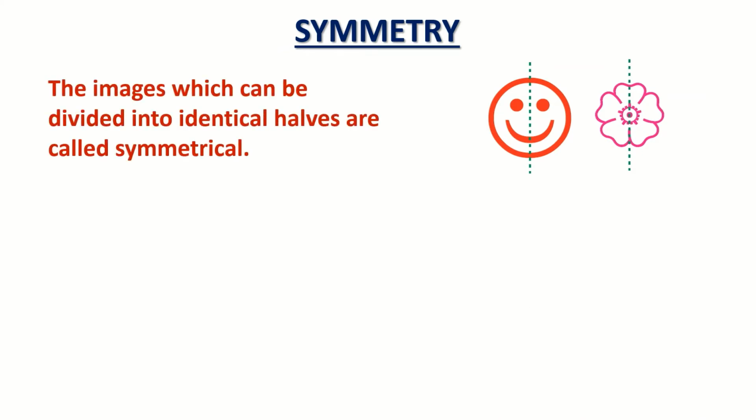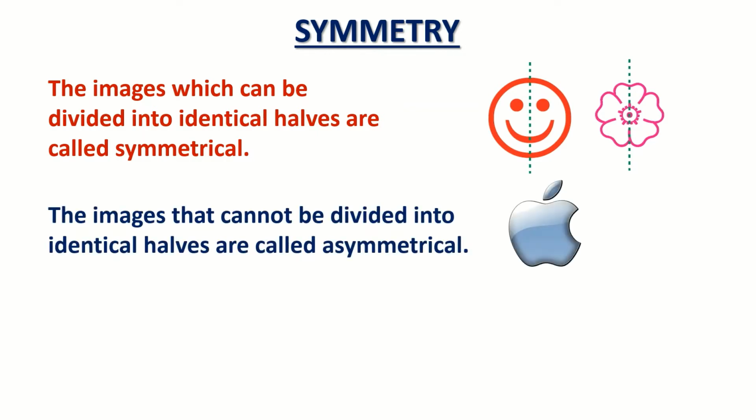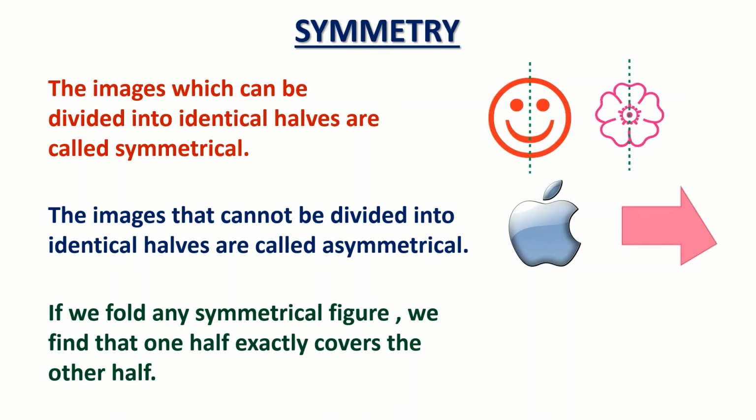Now what is symmetry? The image which can be divided into identical halves is called symmetrical. The images that cannot be divided into identical halves are called asymmetrical. If we fold any symmetrical figure, we find that one half exactly covers the other half.